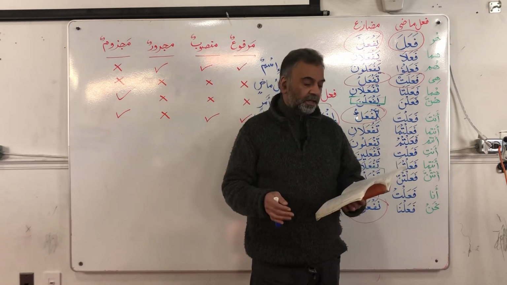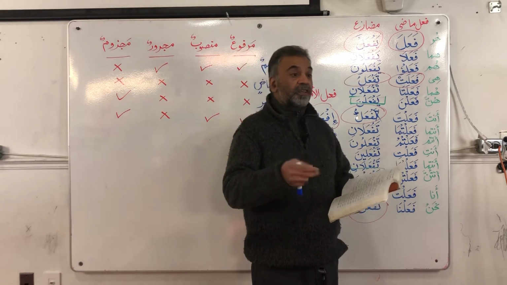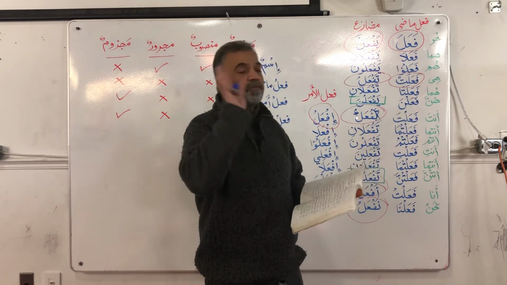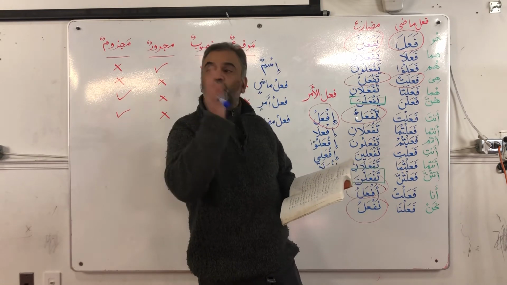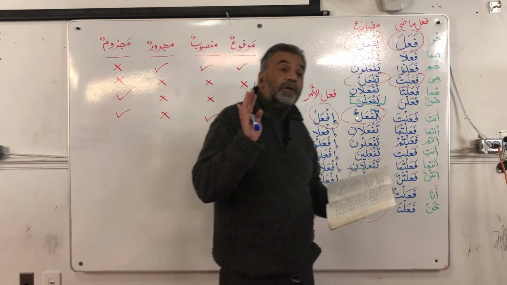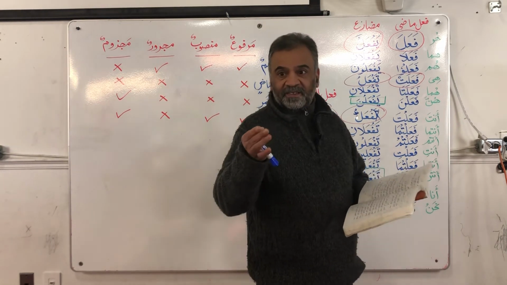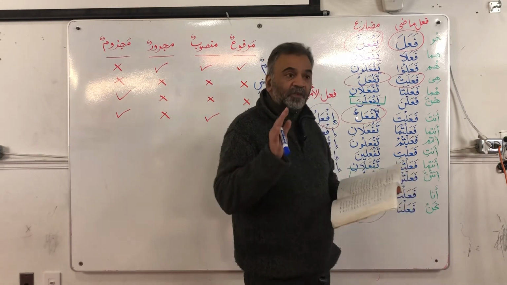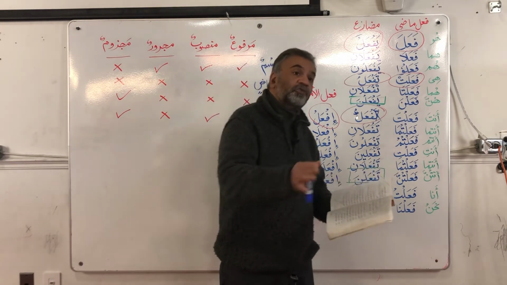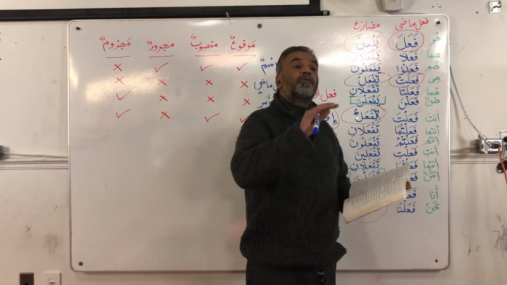Allazi. What is allazi? Ism mawsul, allazi akhastuhu minal mustashfa amsi. What follows ism mawsul? Silatul mawsul, right? So where is the silatul mawsul? Akhastuhu minal mustashfa amsi. The entire jumla is silatul mawsul for allazi.